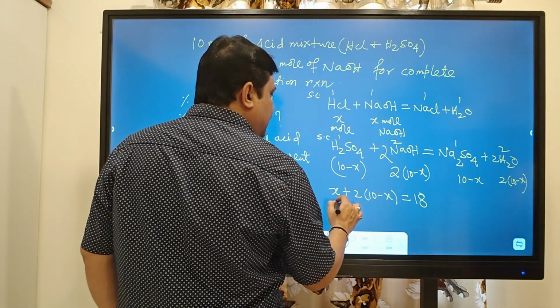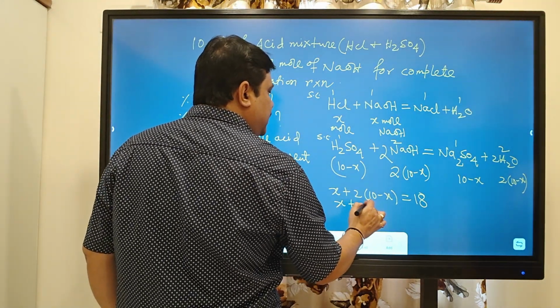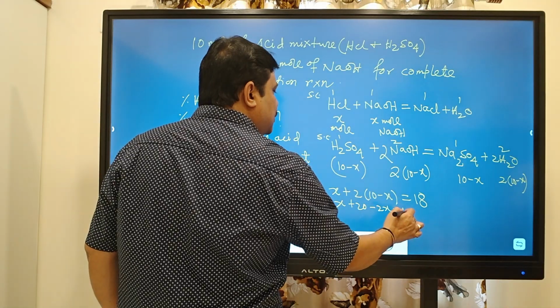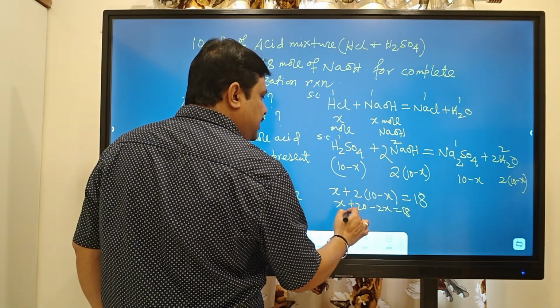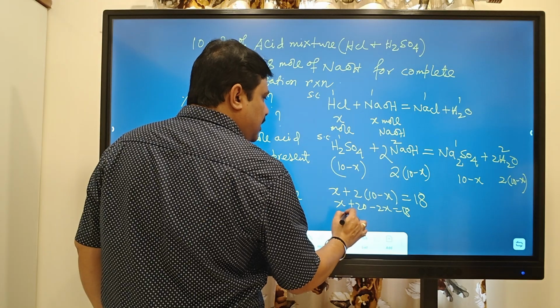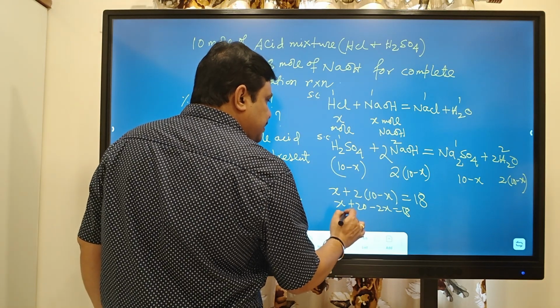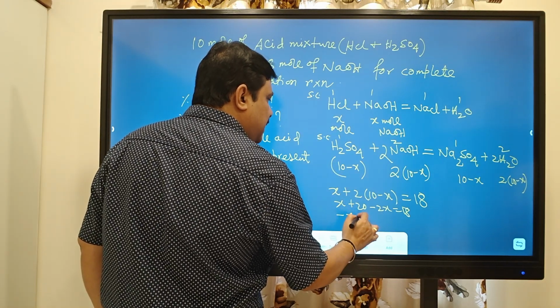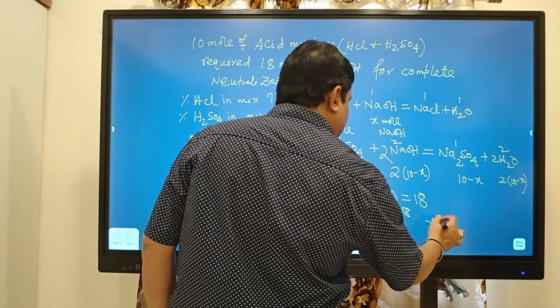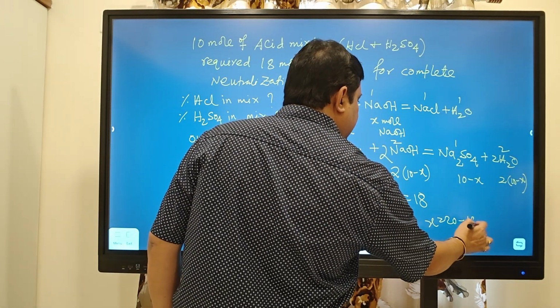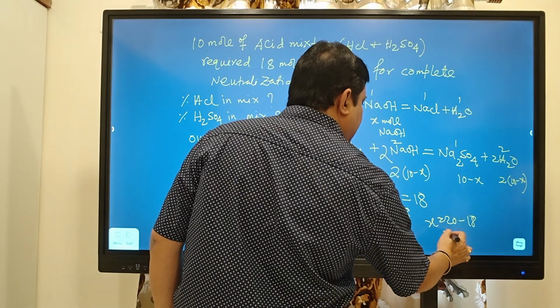That gives x plus 20 minus 2x equals 18. Taking x to the other side, minus x plus 20 equals 18, so x equals 20 minus 18, which is 2.